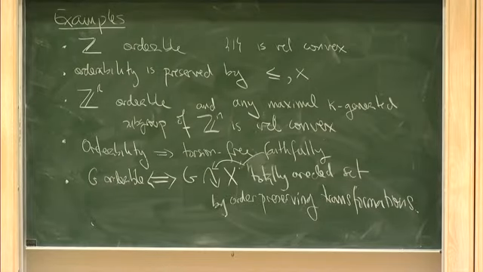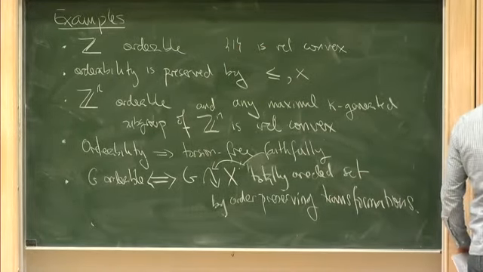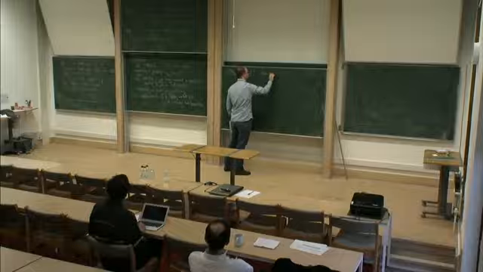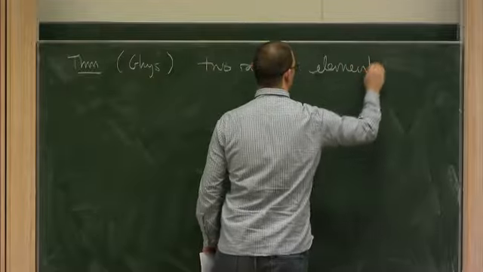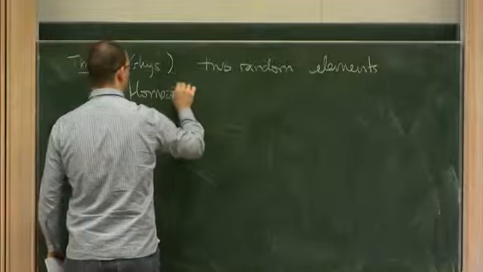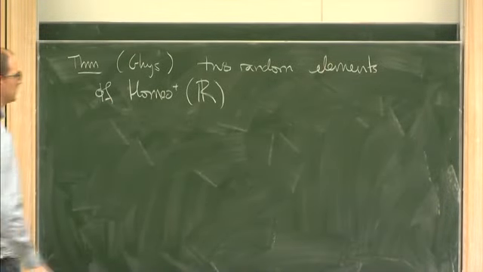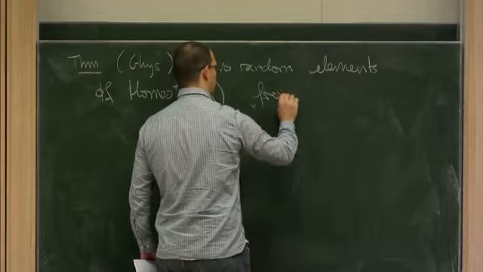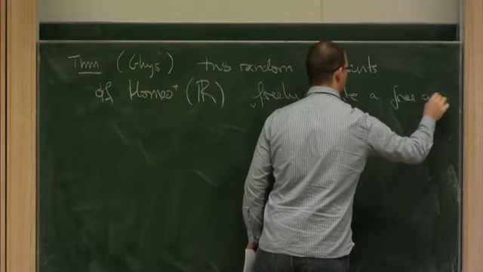So just as an example of how you do such a thing, there is a beautiful argument of Ghys that says that if you take two random elements of the group of homomorphisms that preserve the orientation of R, they generate freely a free group.